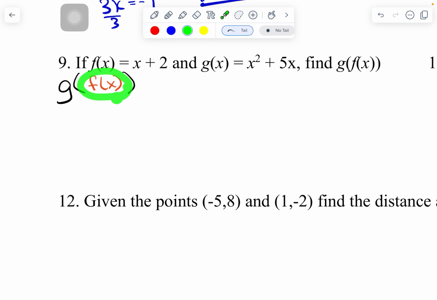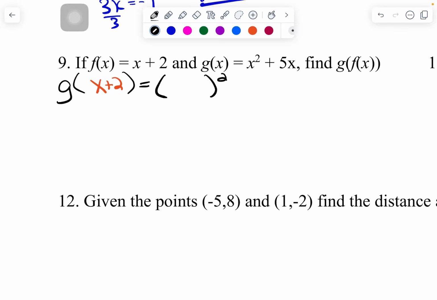So where I have f of x here, I can replace that. Let's go ahead and kill that. And let's see, f of x, x plus 2. So in the g function, where I've got x squared plus 5x, let's go ahead and write that x squared plus 5 times x. I'm giving myself space to replace those x's with x plus 2's.